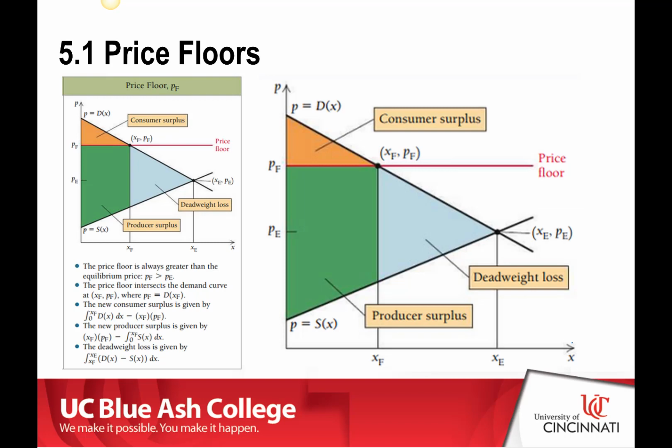There are situations where, once again, government will intervene and create a price floor. One example of this is sometimes with agricultural goods, for example, milk. The government will sometimes step in and say milk cannot sell below this much per pound.